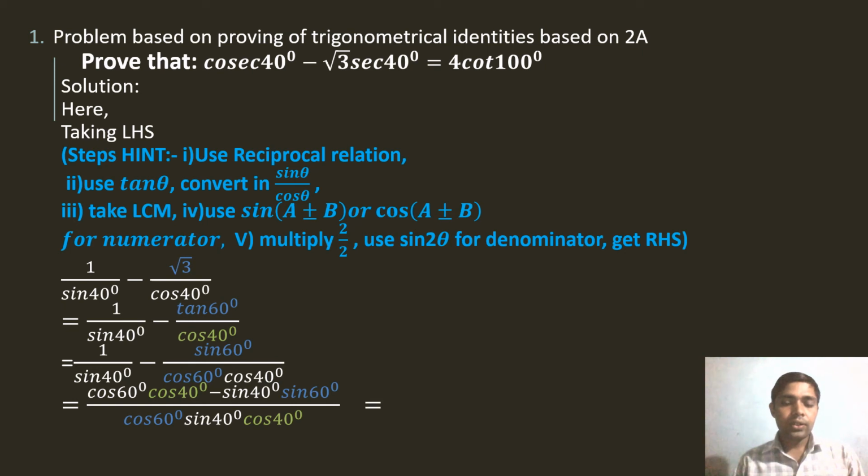Now in the same way here we will get the formula of cos A plus B, cos A into cos B minus sin A into sin B, where A is 60 and B is 40. In the same way we have known values, so cos 60 is 1 by 2, and the other will be sin 40 into cos 40 as it is.